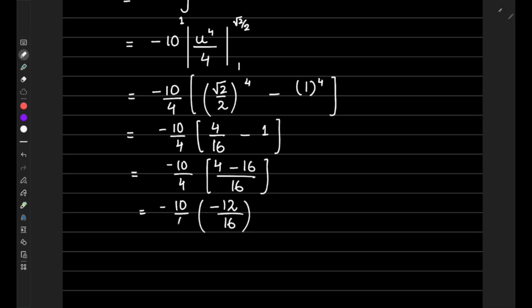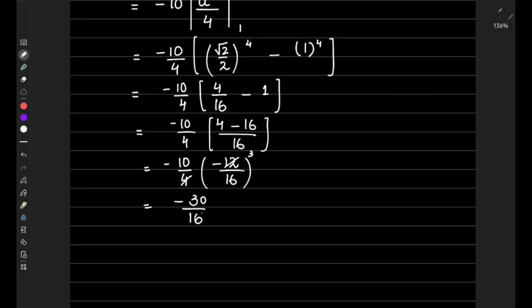So 3 times 12, 3 times 10 is 30, minus 30 over 16, and when you simplify it further to 15 over 8, that gives you minus 15 over 8.